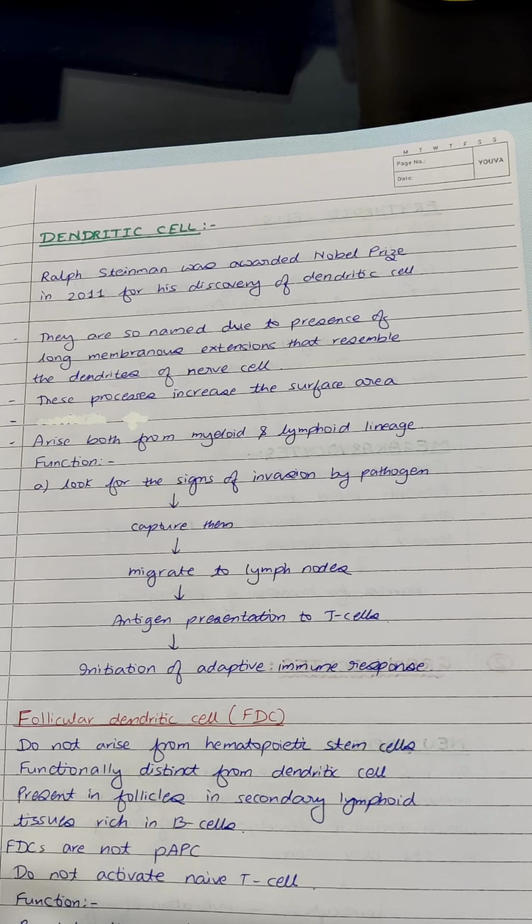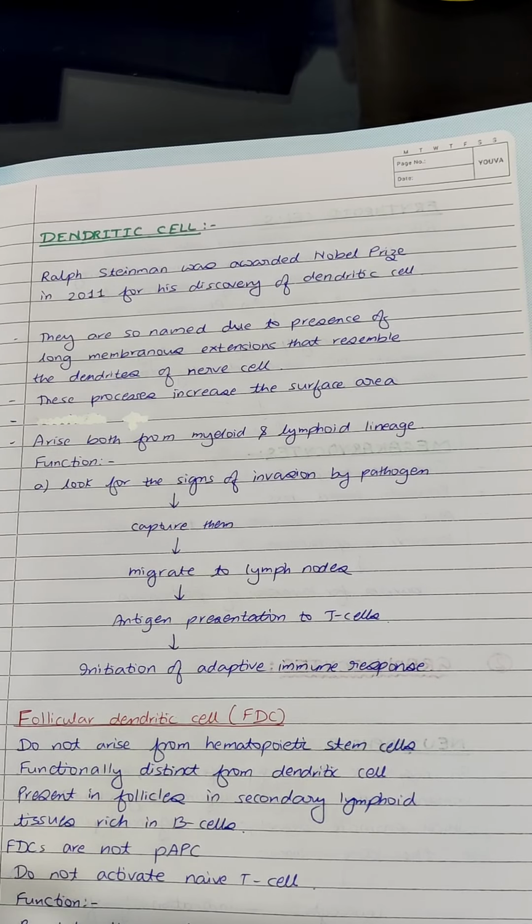which helps in the initiation of the adaptive immune response. Now another term is follicular dendritic cells. Though the name is similar to dendritic cells, they are not dendritic cells proper, because they do not arise from hematopoietic stem cells and they are functionally distinct. They are called dendritic cells due to the presence of similar long cytoplasmic extensions, and they are present in the follicles in secondary lymphoid tissues which are rich in B cells.